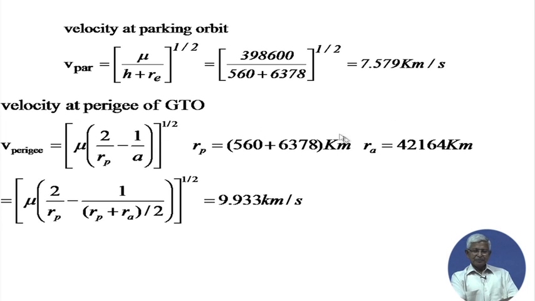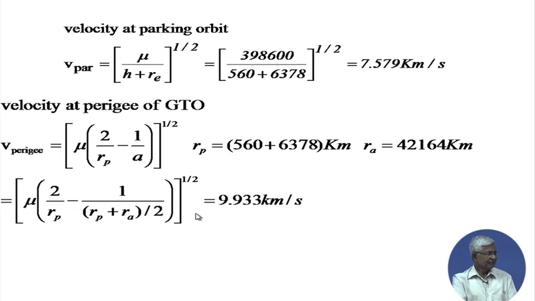Now, to create an ellipse with the perigee of GTO equal to 560 kilometers and the apogee of GTO at geostationary orbit, we fire a motor. So, for the velocity at perigee of that particular elliptical orbit, you put rp here. The rp value is the same as this, and the semi major axis is Ra plus Rp by 2, where Ra is the geostationary orbit radius.